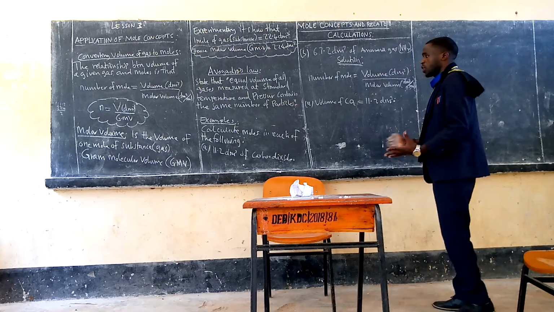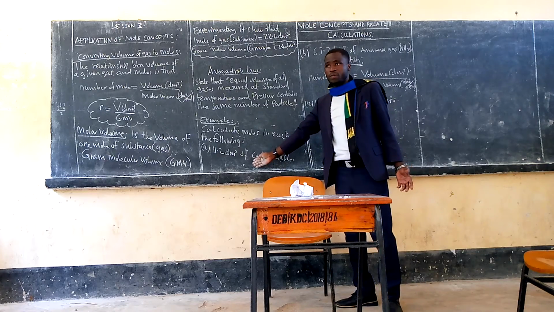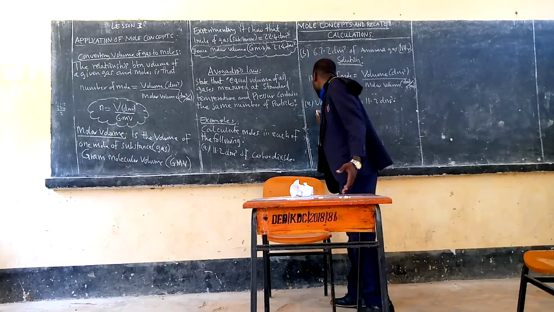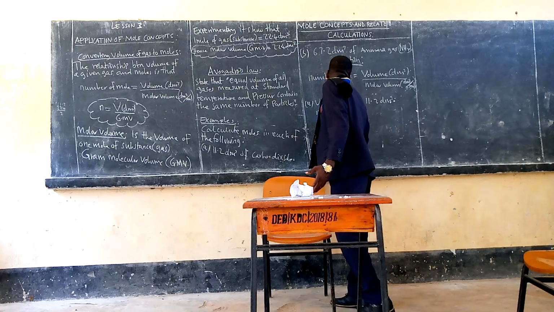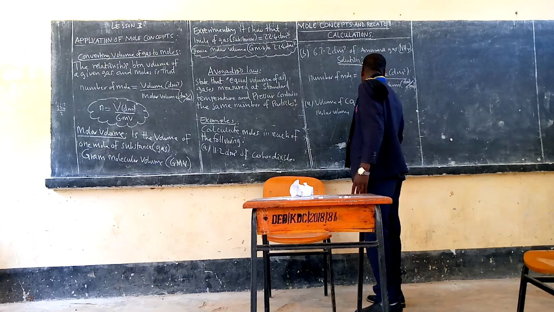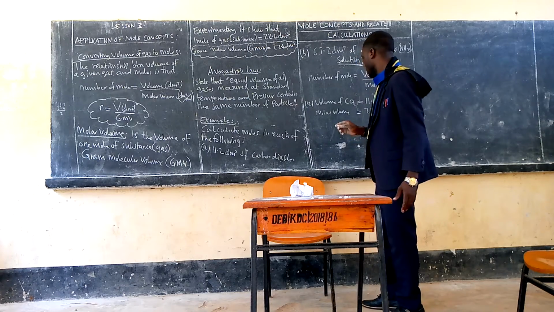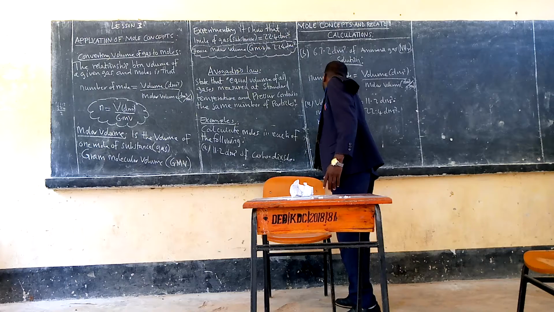But automatically here, because we have not been given the molar volume, the molar volume is known. Therefore, we know that we have molar volume, which is 22.4 decimeter cubic. Now, what is required? Required number of moles.